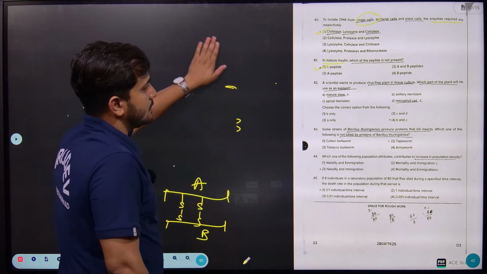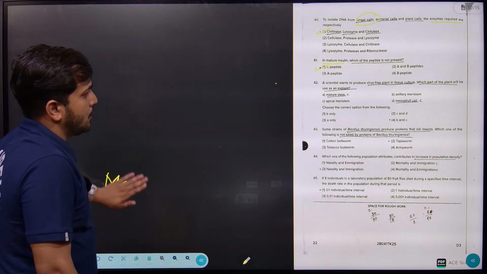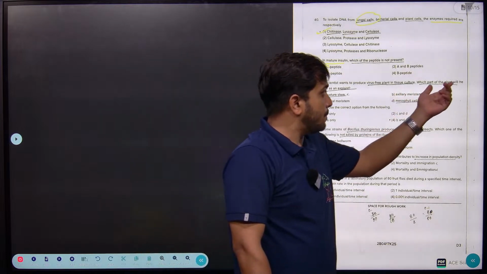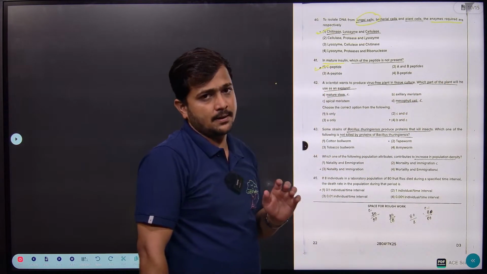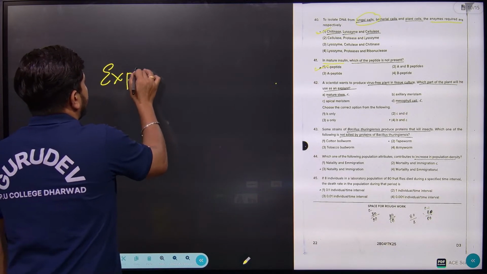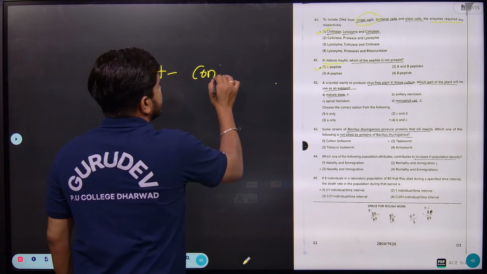Understand? Then a scientist wants to produce a virus free plant in tissue culture. Which part of the plant will he use as an explant, right? When you are selecting an explant, you should find the part which is in continuous division.